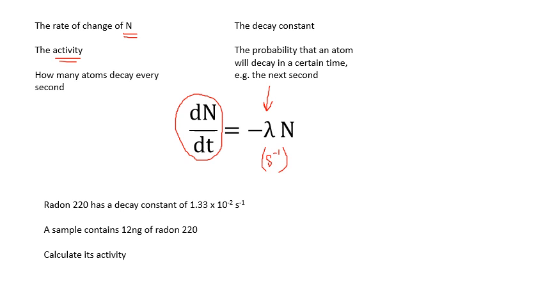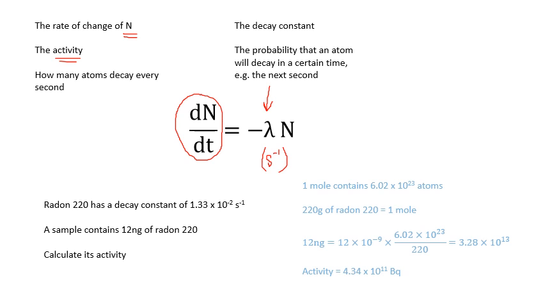Well, to do that, you need to understand moles. Okay, 1 mole contains 6.02 times 10 to the 23 atoms, Avogadro's constant. In physics we say Avogadro's constant, it's N with an A there, and that is 6.02 times 10 to the 23.